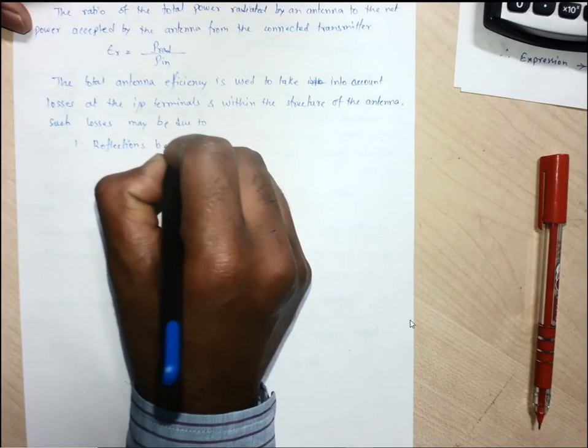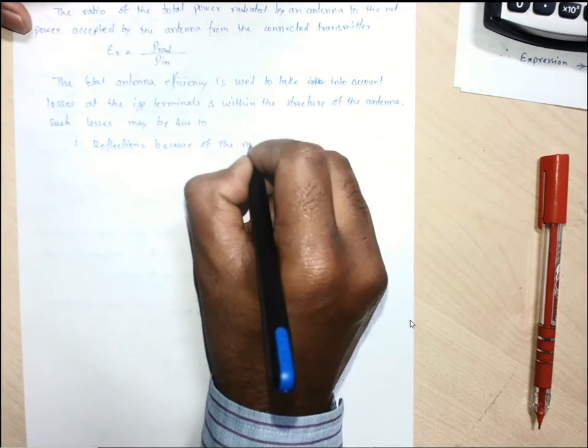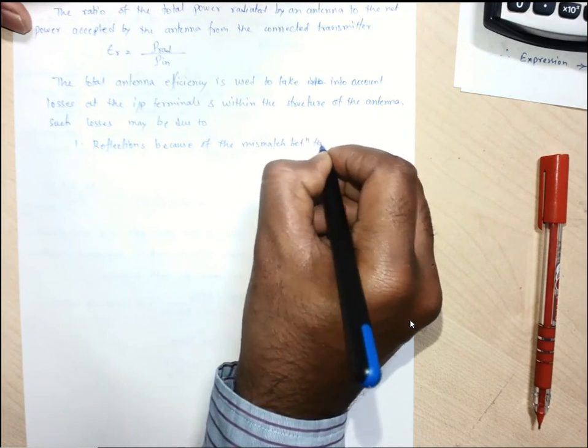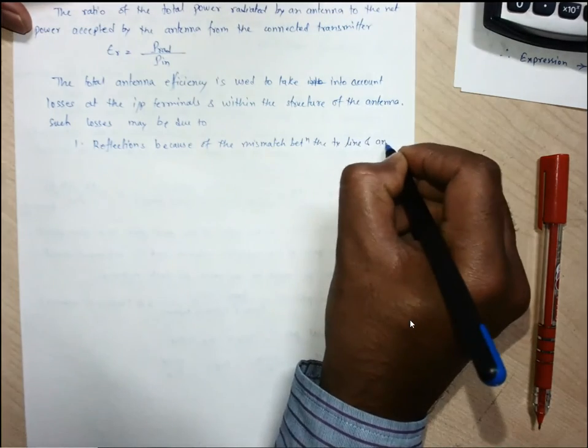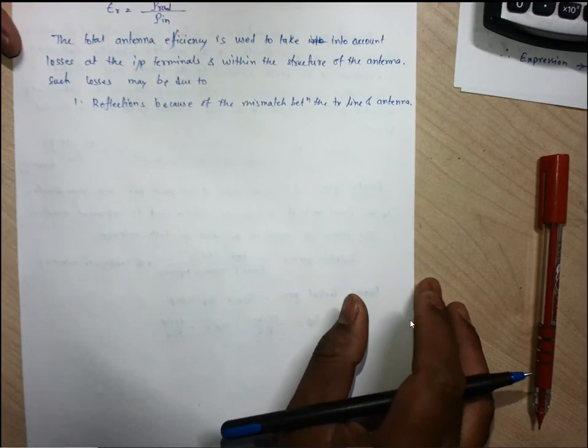because of the mismatch between the transmission line and antenna, the transmission line by which this antenna is connected.